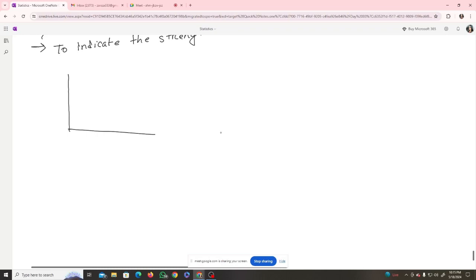Suppose this is your data points, which are like this. And in this case, you can see you get a best fit line, right? So the scatter plots are very tightly around the line you are having. In this case, we can tell that it is having a positive correlation.